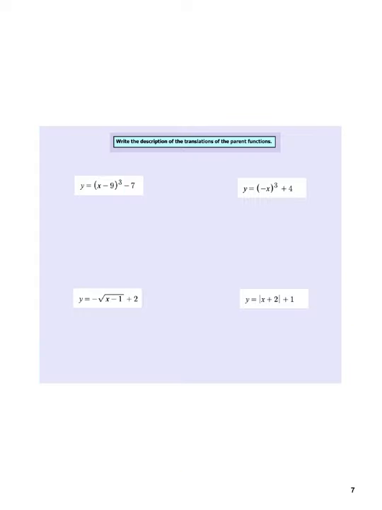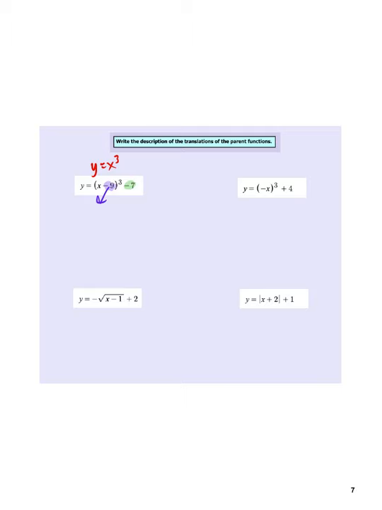So here are just some examples where we have a parent function of, for instance, y equals x cubed, and we're applying transformations. What we've got is a -9 on the inside, and then a -7 on the outside. This -9 on the inside is going to be our horizontal translation, and what would bring that back to 0 would be x equals 9.